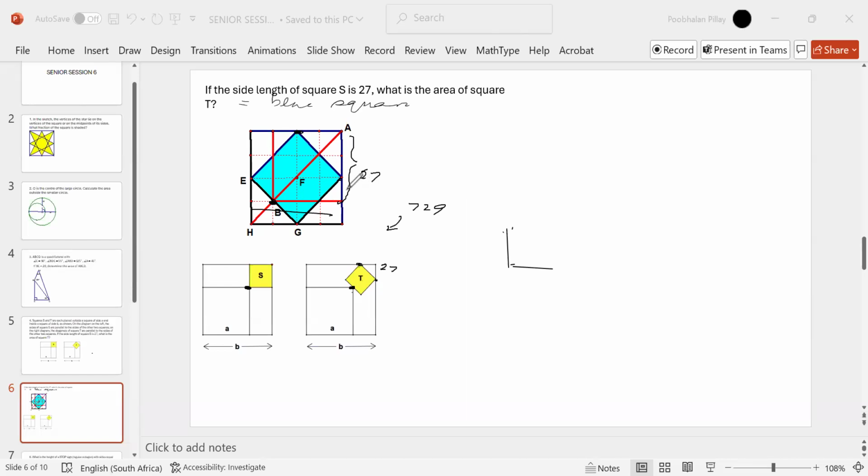So we know the area of the red square is equal to 27 times 27. If you don't know it, it doesn't matter, because it'll cancel out with the fractions.